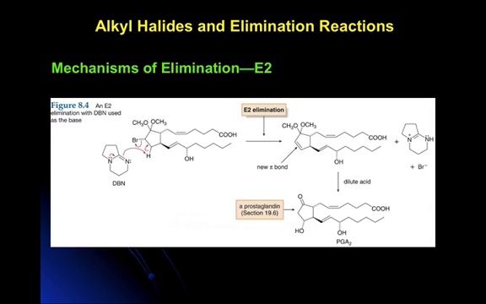Now here's where it becomes kind of important, okay? For those of you who want to go to medical school, this is called a prostaglandin. Does anybody know what prostaglandins are useful for? Anybody ever hit your finger or something and it starts to throb and starts to swell? Prostaglandins are responsible for that. Anybody ever run a fever?